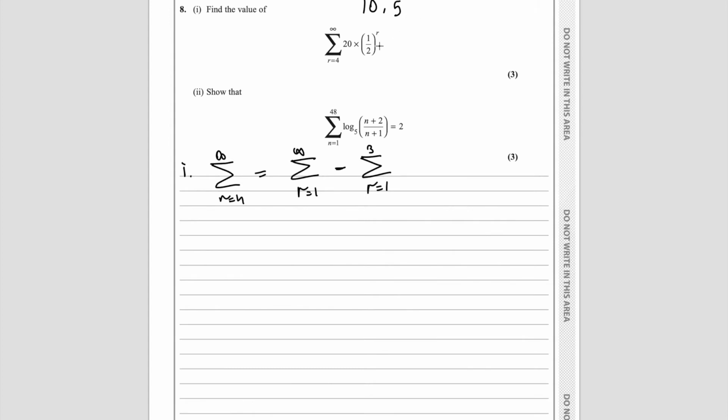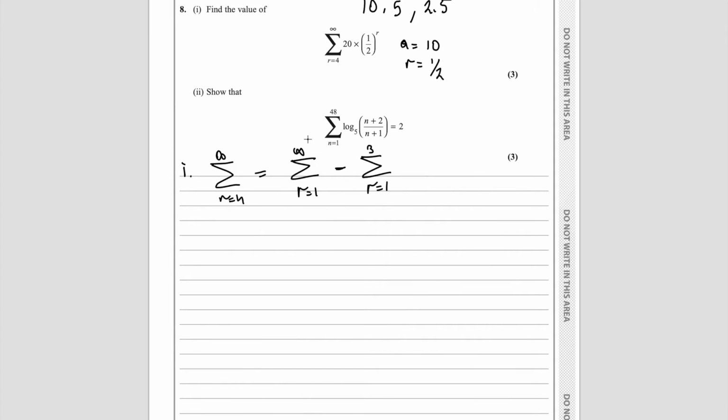The third term, substituting 3 into this, would give us 2.5, and the terms would continue on, each being a half of the previous term. So if we want to apply any sort of geometric sequence formulas into here, it'd be worth noting that the first term, denoted a in all formulas, is 10, and the common ratio is going to equal a half.